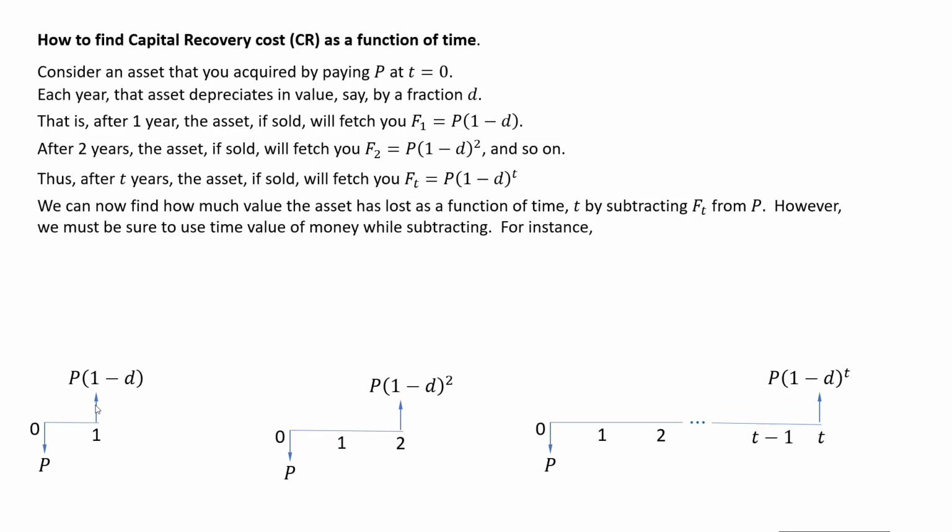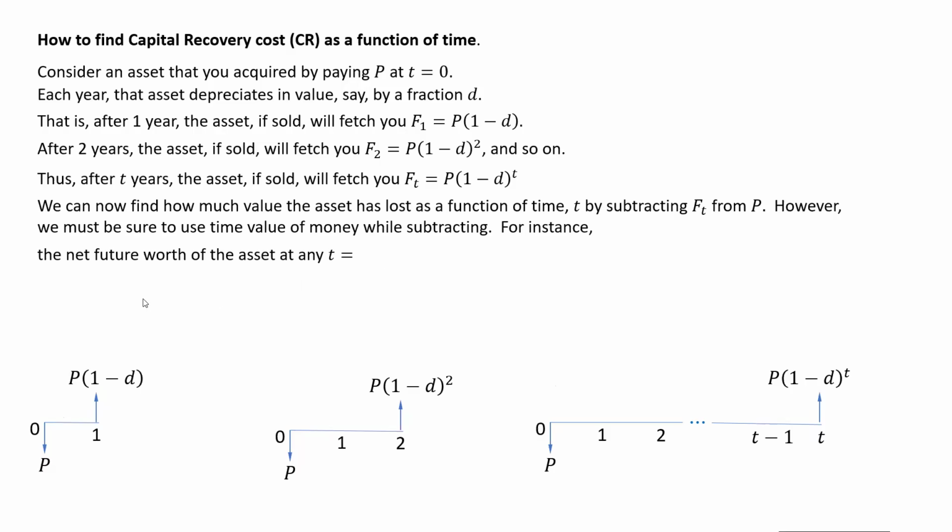Cool. We can now find how much value the asset has lost as a function of time. The asset has definitely lost some value with time, by subtracting F sub t, the future value, from P. However, we must be sure to use time value of money while subtracting.